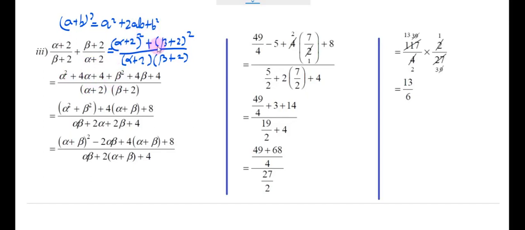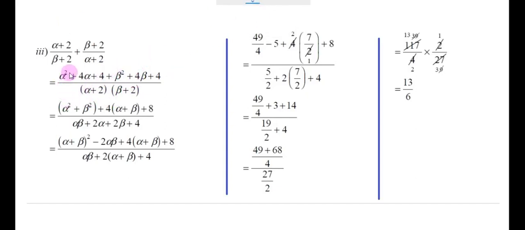The same way, apply beta plus 2 the whole square in this form, so plus beta square plus 2ab, plus 4 beta, plus b square, 2 square 4, whole divided by the denominator term alpha plus 2 into beta plus 2.